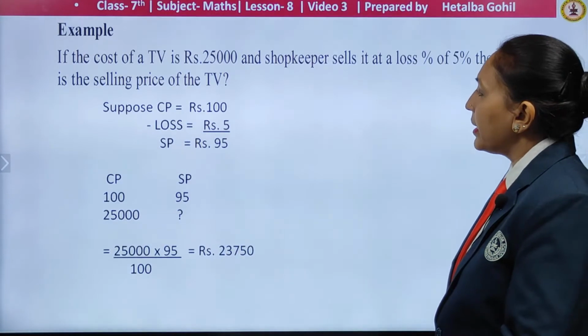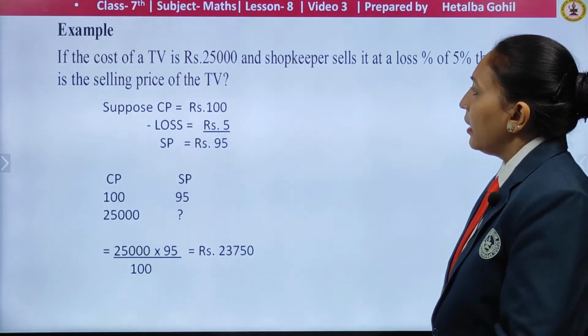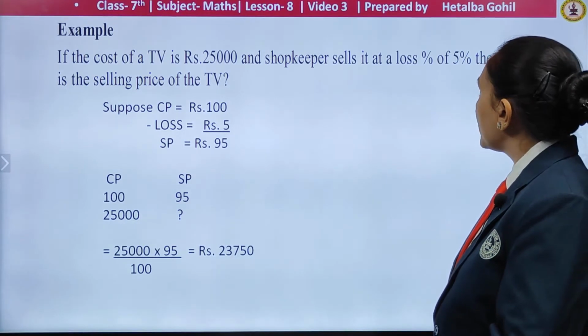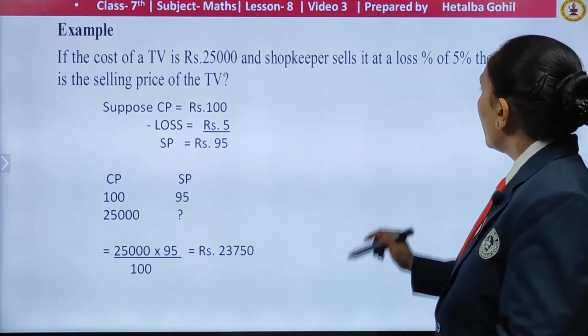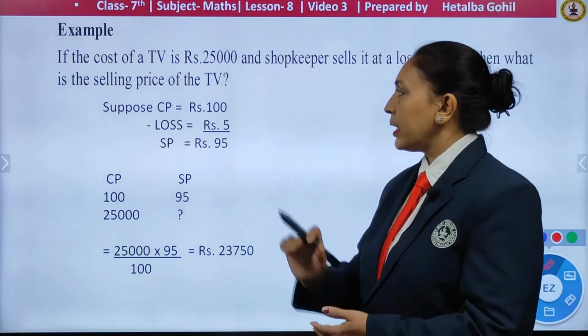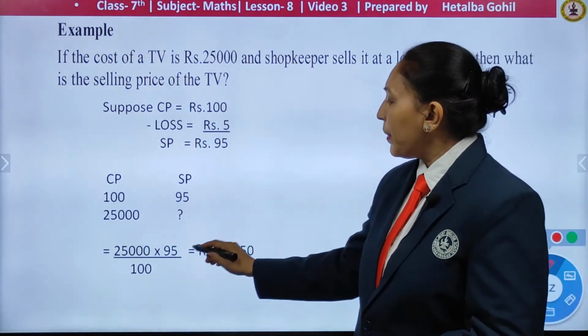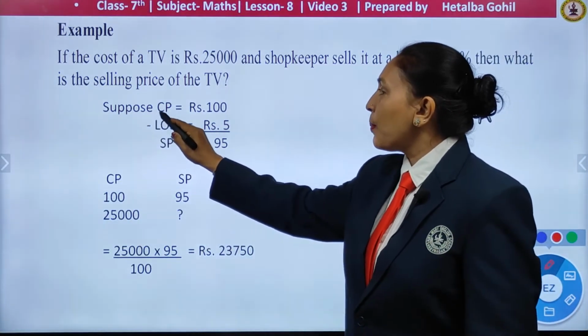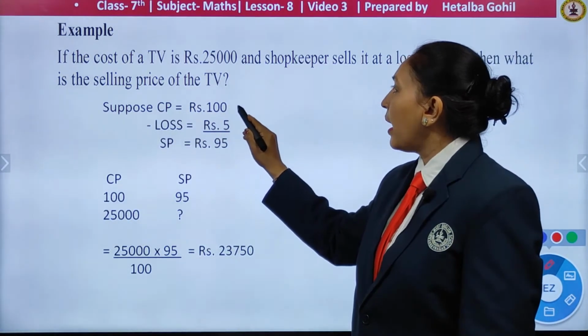Now let us take an example. If the cost of a TV is rupees 25,000 and the shopkeeper sells it at a loss percent of 5%, then what is the selling price of the TV? Let us see how the formula is applied. Let us suppose CP as rupees 100.